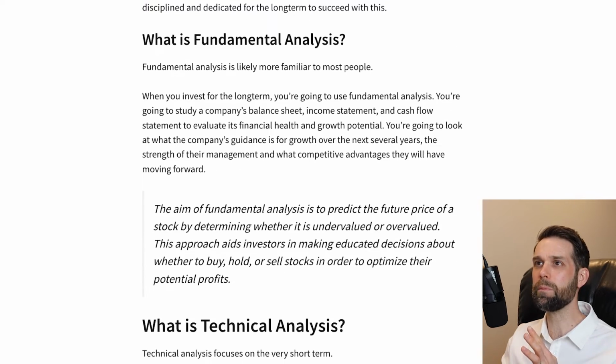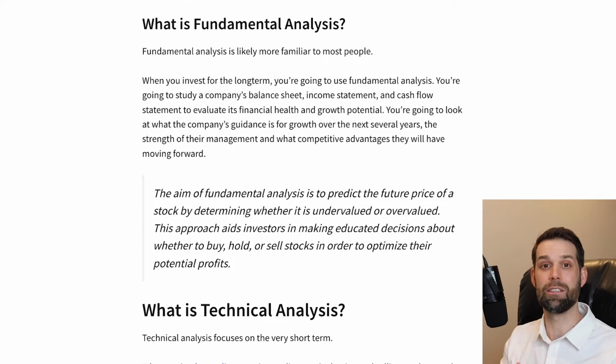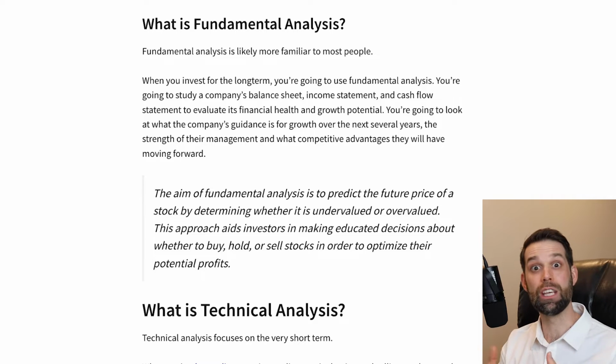Okay, I think it's good to look at fundamental analysis first, because I think most people understand this form of investing better than technical analysis, or at least I'm more familiar with fundamental analysis. When you invest for the long term, you're going to use fundamental analysis.